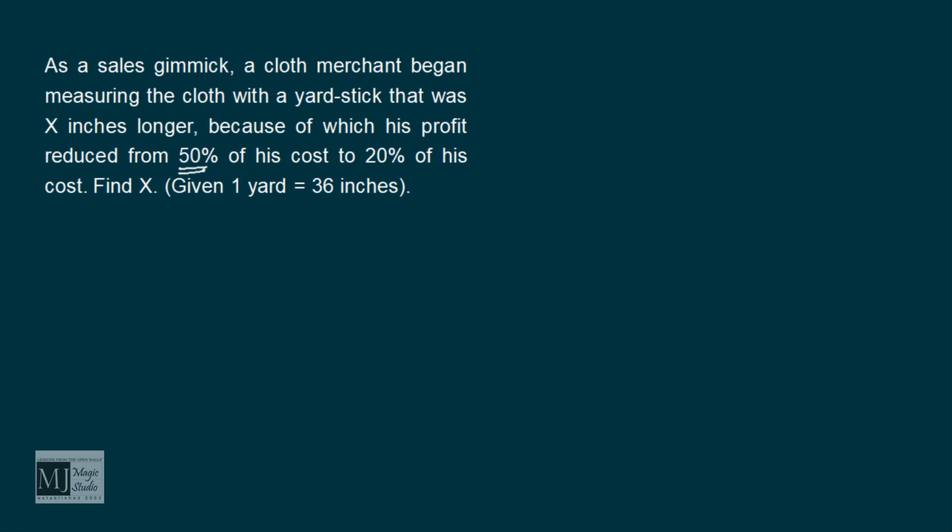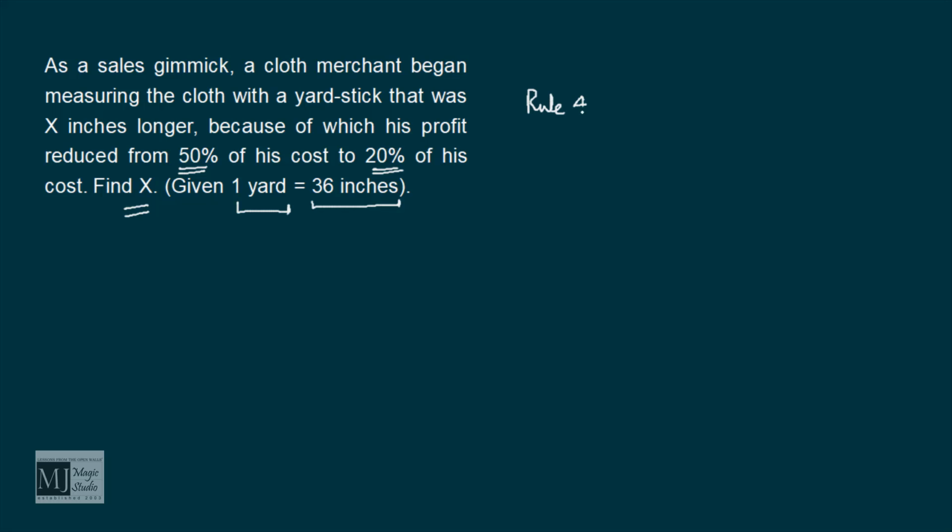Initially he was having a profit of 50%. Now because of this gimmick of selling more, his profit has reduced to 20% only. Find the value of X. It's known that 1 yard is equal to 36 inches. There are 36 inches on a yardstick.